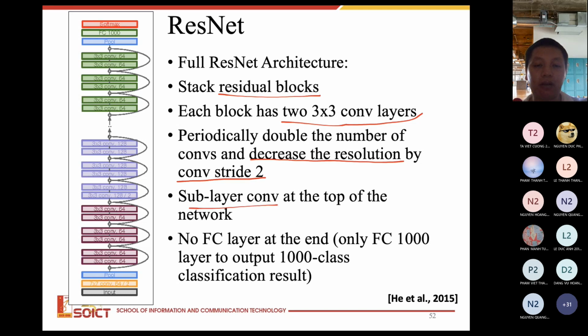And you have a single convolution layer at the top of the network, and then you have no fully connected layer at the end, only this layer to do the softmax classification. So you see the features from the lower layer can go through the shortcut, and they can directly go to the upper layer, right?